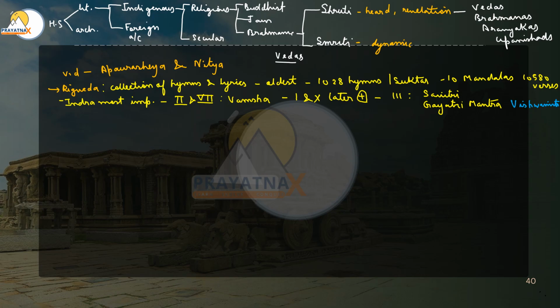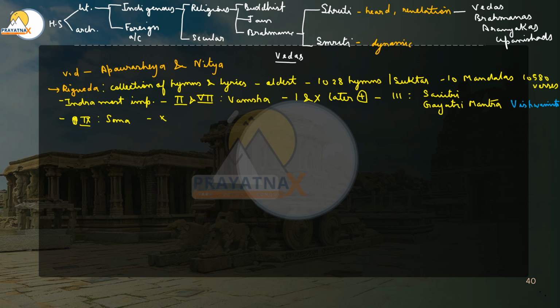Now, moving on, the ninth mandala was related to the Vedic god Soma.